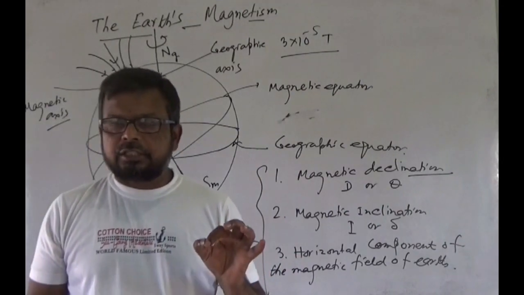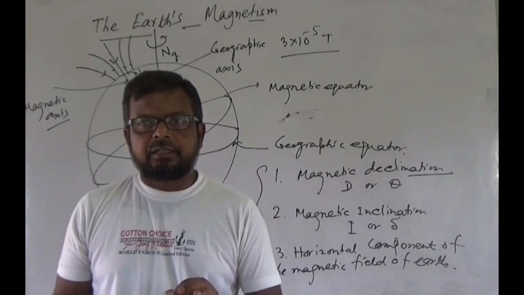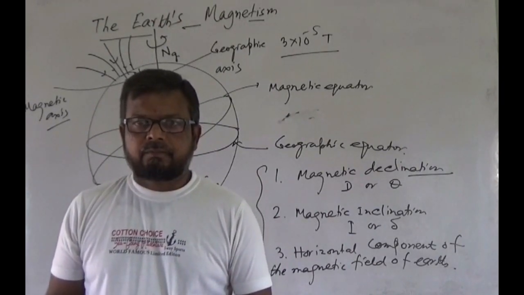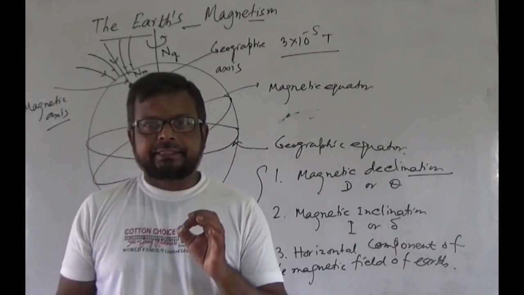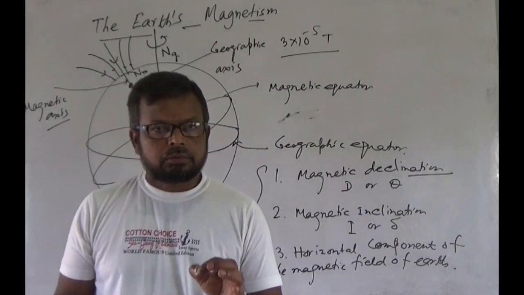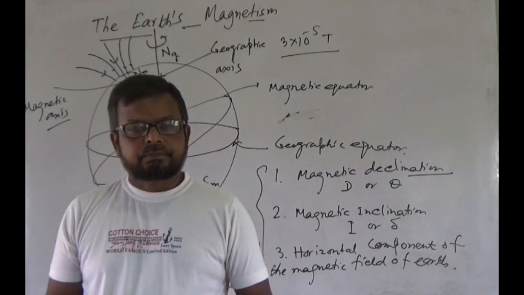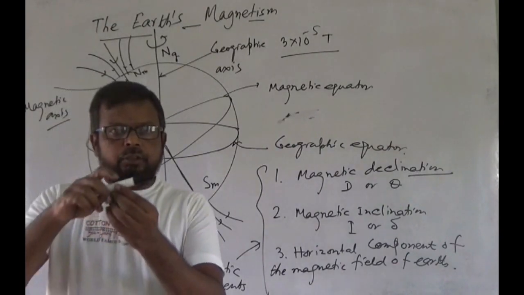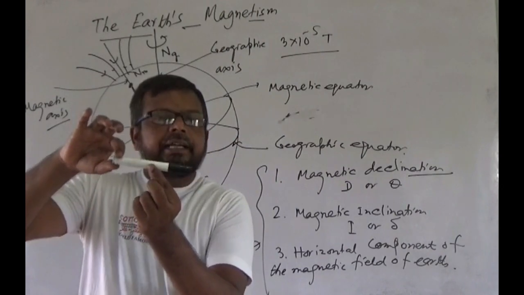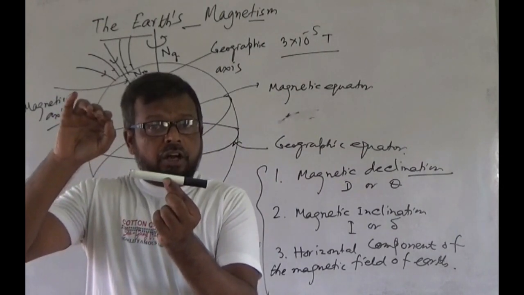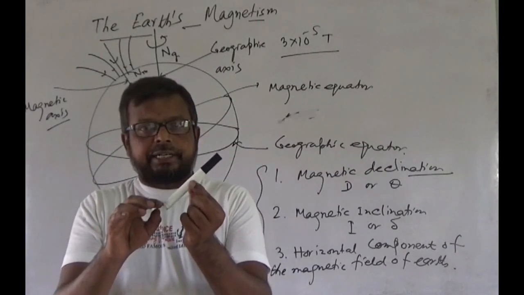In most of the northern hemisphere, the north pole of the dip needle tilts downward, and in the southern hemisphere, its south pole of the dip tilts downward, right? In the northern hemisphere, north pole will be going downward direction, and in the southern hemisphere, south pole will be going in the downward direction.